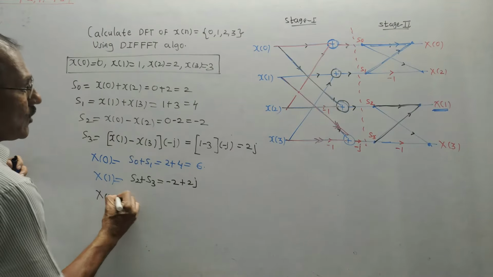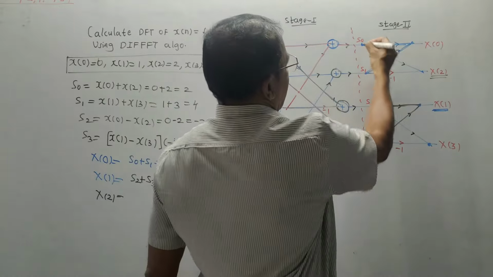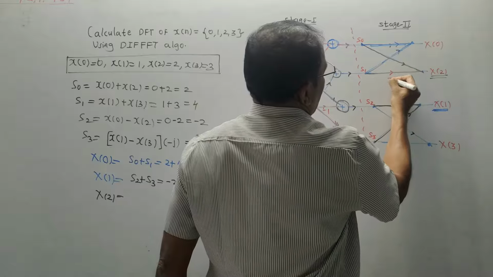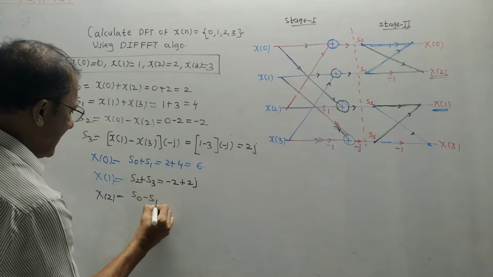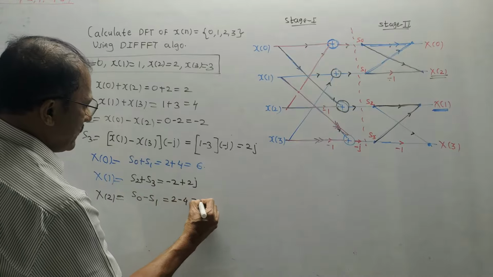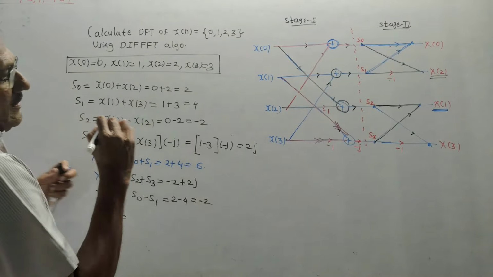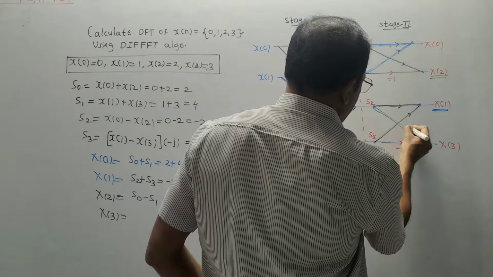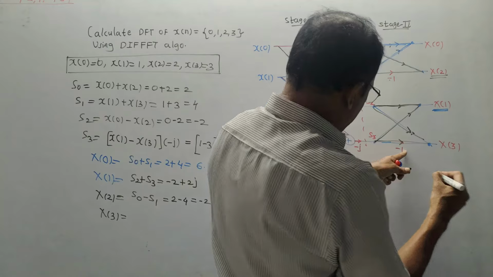Next output, x of 2. X of 2 is this line. For x of 2, which lines are connected? S0 and S1 into minus 1. So it is S0 minus S1. So it is 2 minus 4, that is equals to minus 2. Last output, x of 3. For x of 3, which lines are connected? This one line, S2, then S3 getting multiplied with minus 1.